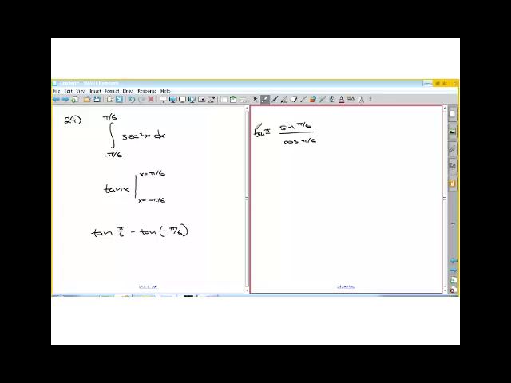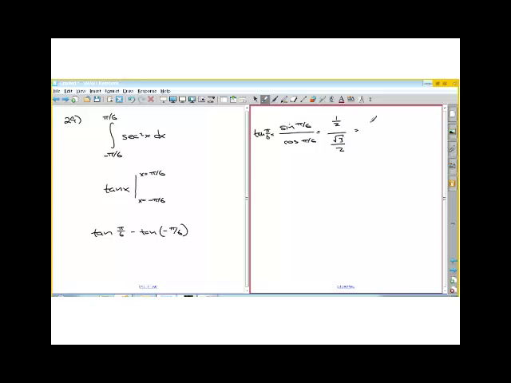Again, you could use your calculator for this. But back to unit circle days, the sine of pi over 6 is equal to 1/2, and the cosine of pi over 6 is equal to the square root of 3 over 2.